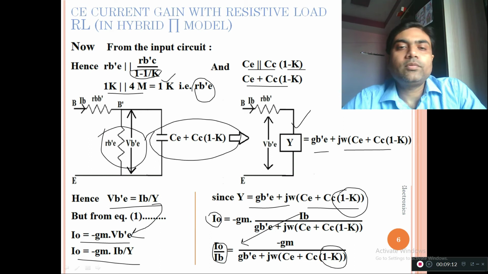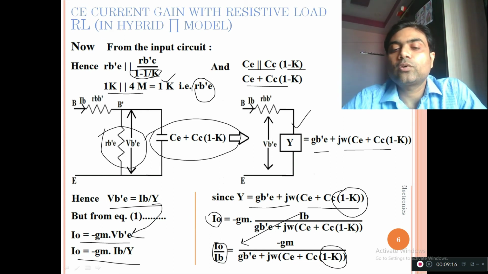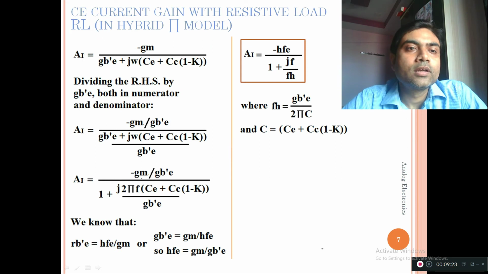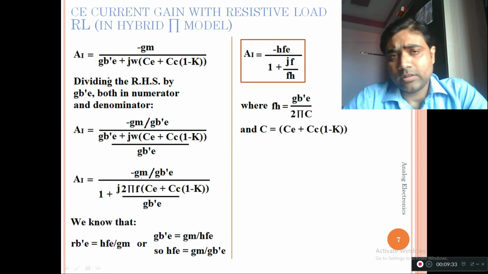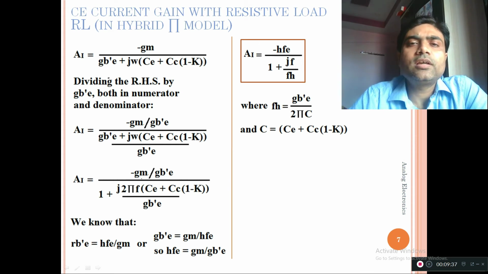So again we will go ahead, and then I will finally discuss what is the impact of this 1 minus K value on the overall analysis of this particular current gain. Okay, so let us go ahead. This AI comes out to be minus GM upon GB dash E plus j omega (CE plus CC(1 minus K)). We can again manipulate the terms so that we can get the relationship between the gain and the frequency.